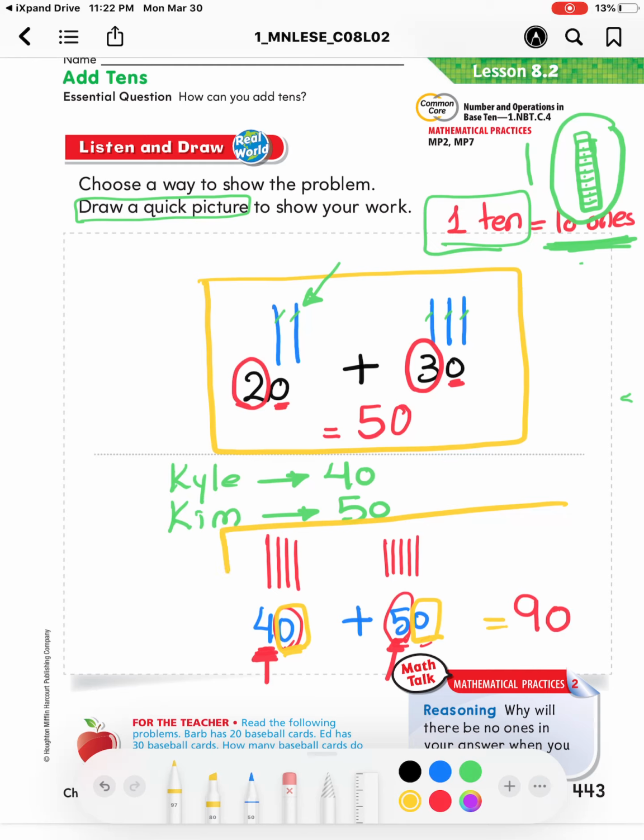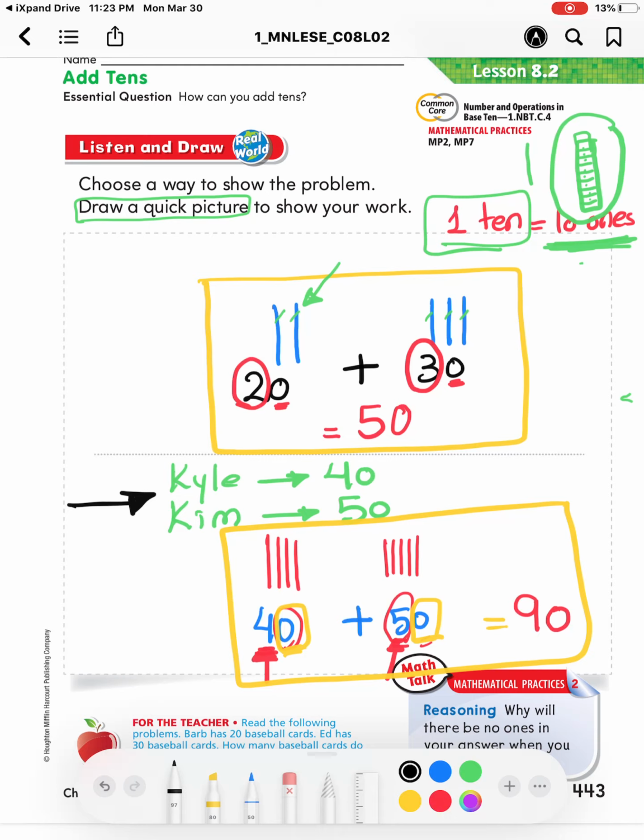You have to write this part. Okay? So now it's easier when we have a problem to solve like this. Okay? So you can understand who has how many cards, apples, whatever was the problem.